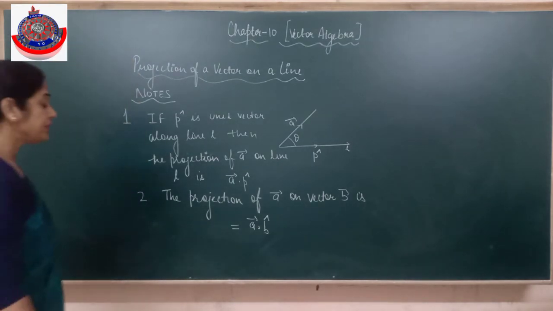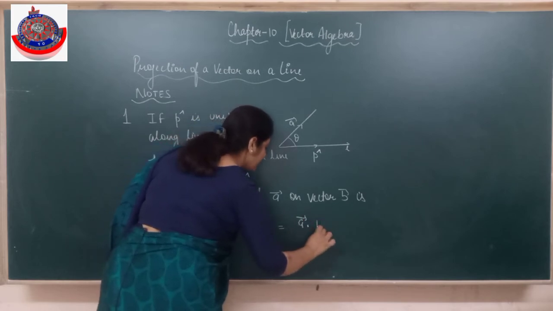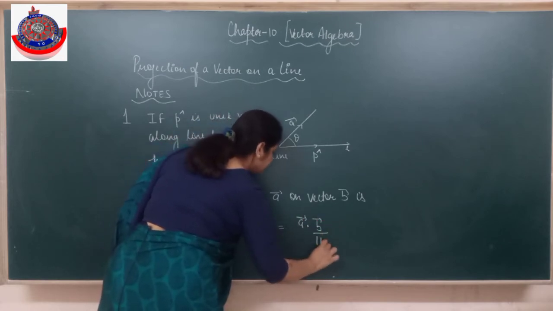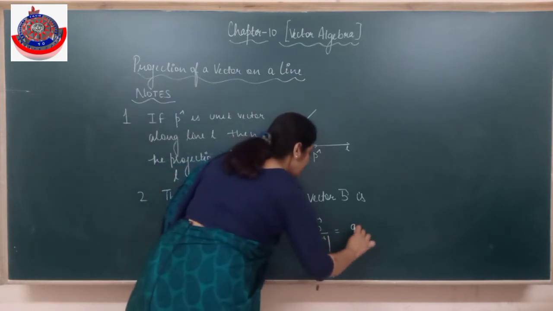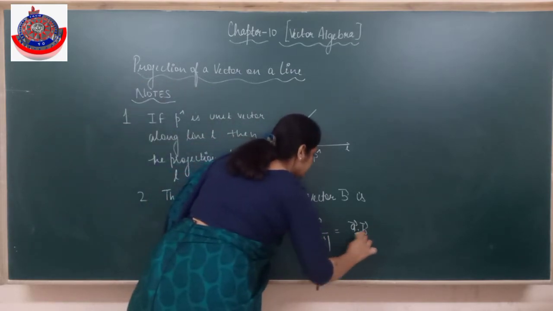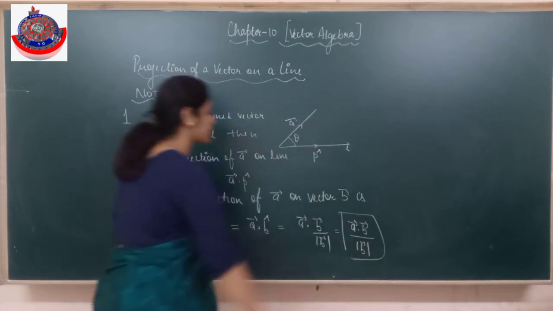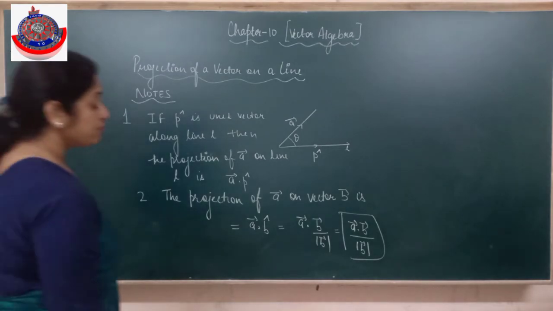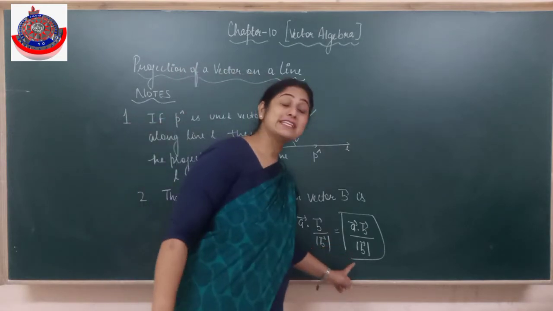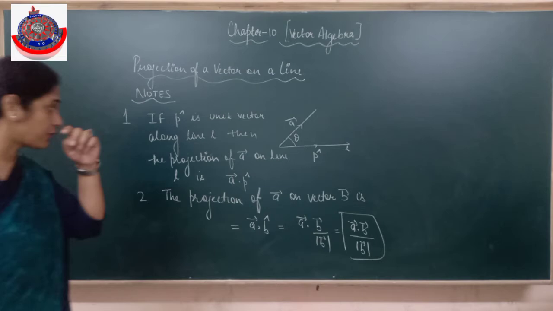If you put the value of B cap, what is B cap? B vector upon magnitude of B vector. That means the formula becomes A vector dot B vector divided by magnitude of B vector. So this is the formula to find out the projection of a vector on another vector.